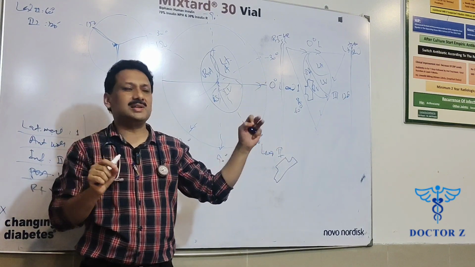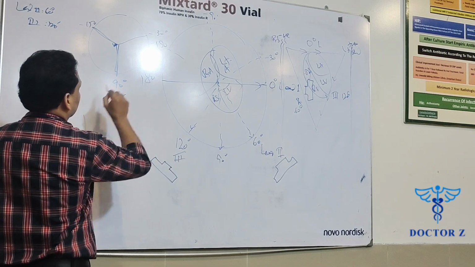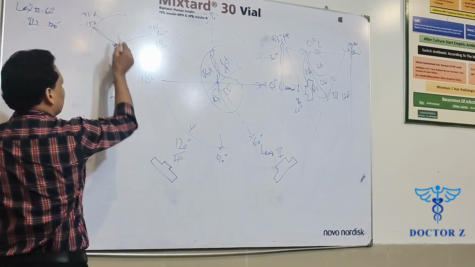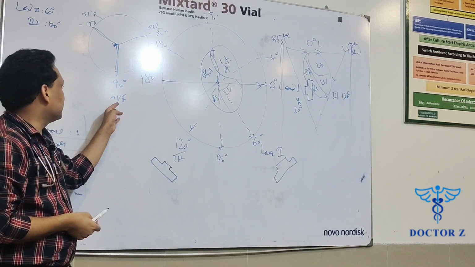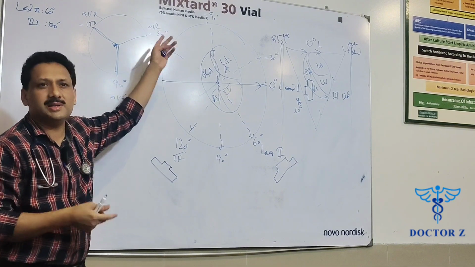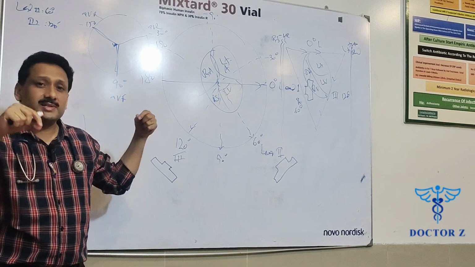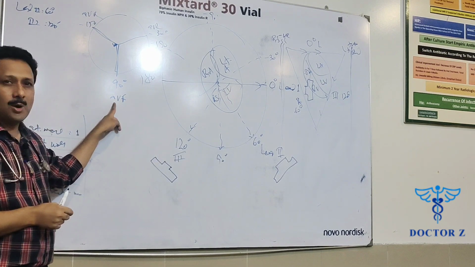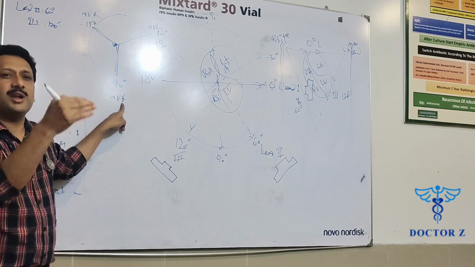So I am naming these leads: this is AVF, this is AVL, this is AVR. It's up to you. You could have named them one Rashid and the other Ramiz. We are naming them AVF, AVL and AVR because there is a message underneath. A is for augmented, V is for voltage, and F is for inferior.